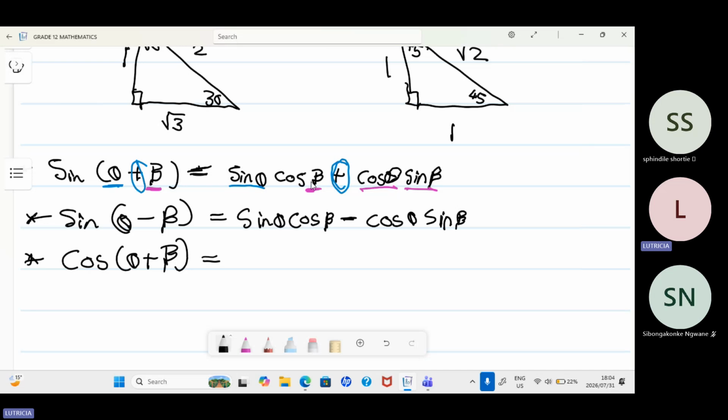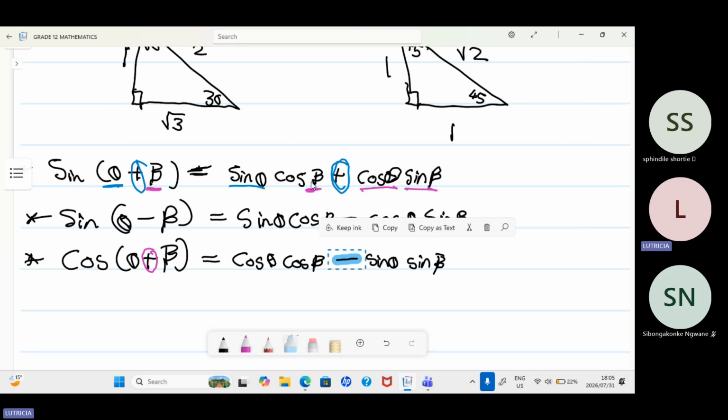So for cos, you start with the first angle, theta, and then cos beta. Here it's a positive, it's gonna change and be minus, and then sine theta sine beta. So I'm gonna circle this.